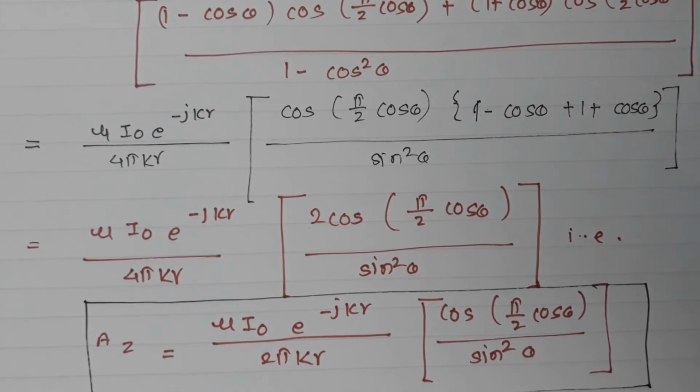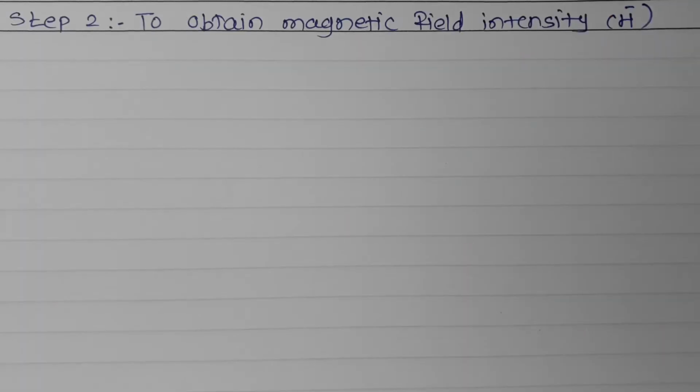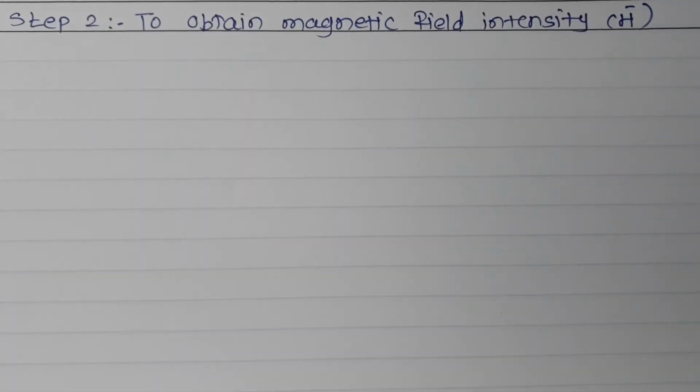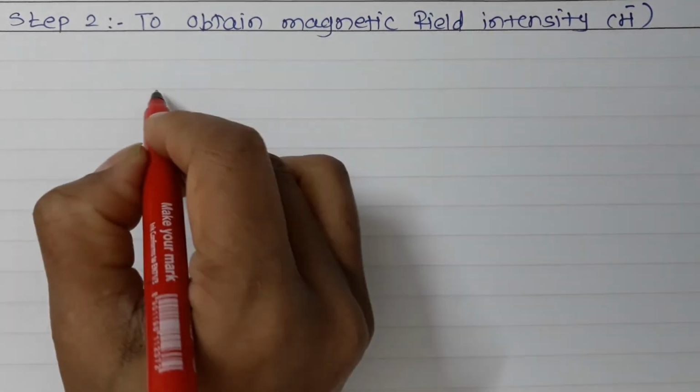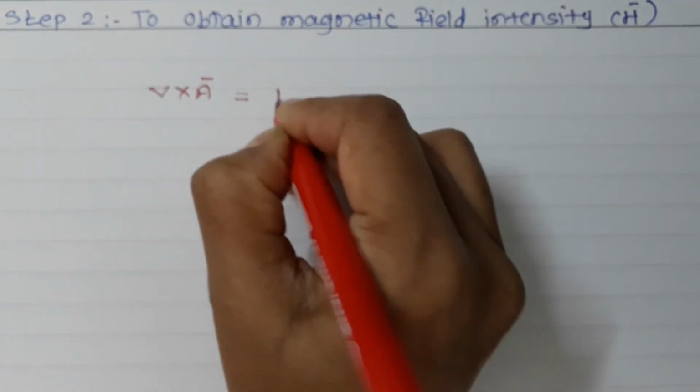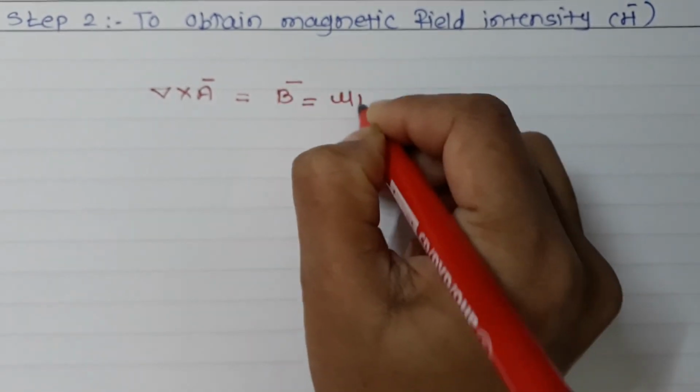Now let us move towards step number 2, that is to obtain the magnetic field intensity H bar. Here we know how we can get that: del cross A bar is equal to B bar is equal to μ H bar.